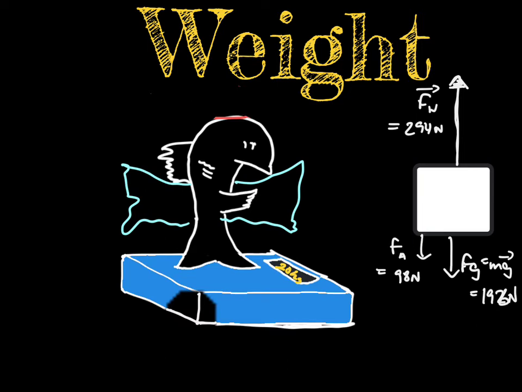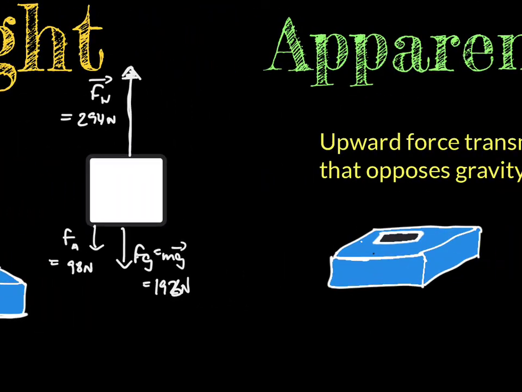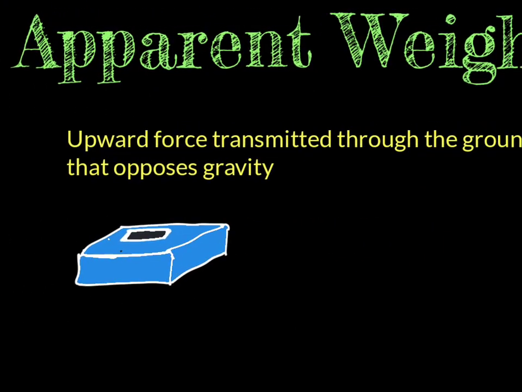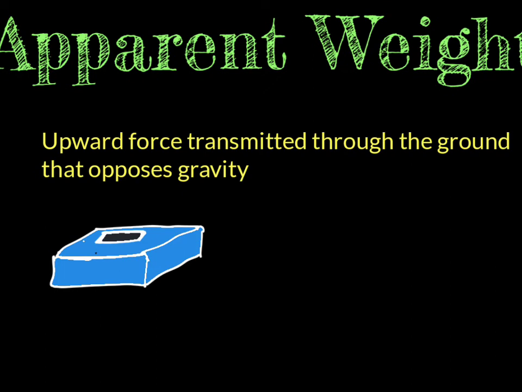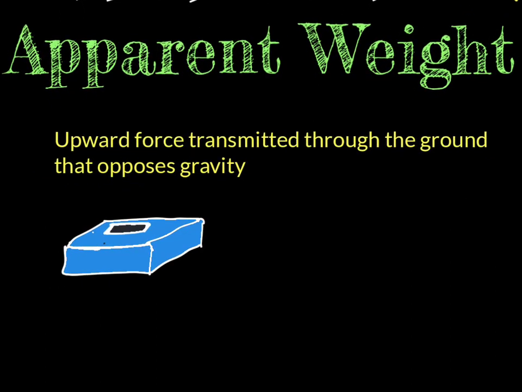How do we expand on this? We can actually just play around with this a little bit. So it's clear that weight isn't always weight. There are certain instances where there is an apparent weight, and this is where there's a pushing motion downward on an object that's on a weighing scale.